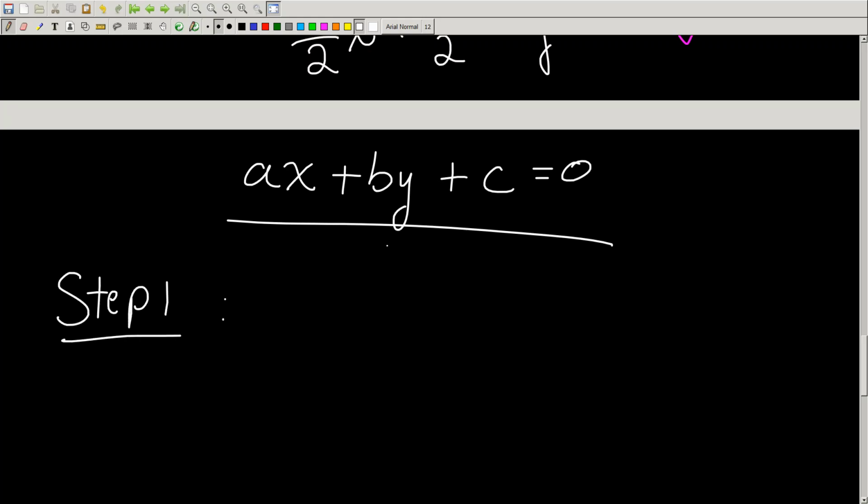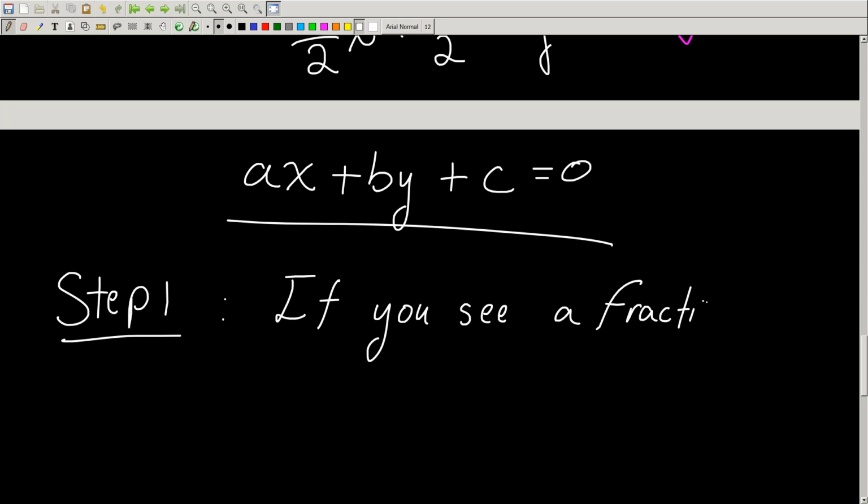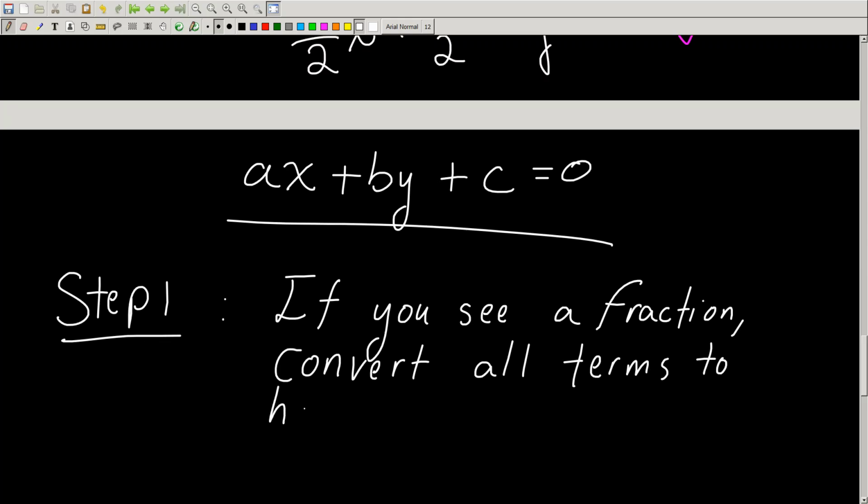Step 1. If you see a denominator, a fraction I should say, if you see a fraction, convert all terms to have a common denominator.